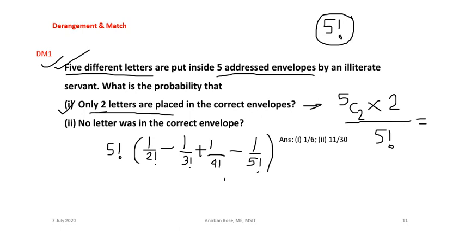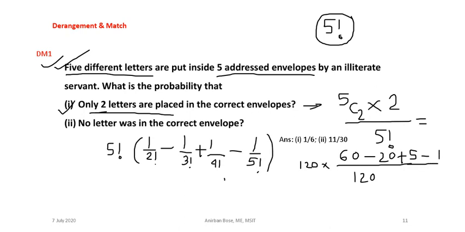So 5 factorial, 120, into this one, the LCM is 120. 120 divided by 2 is 60, 120 divided by 6 is 20, 120 divided by 24 is 5, and 120 divided by 120 is 1.